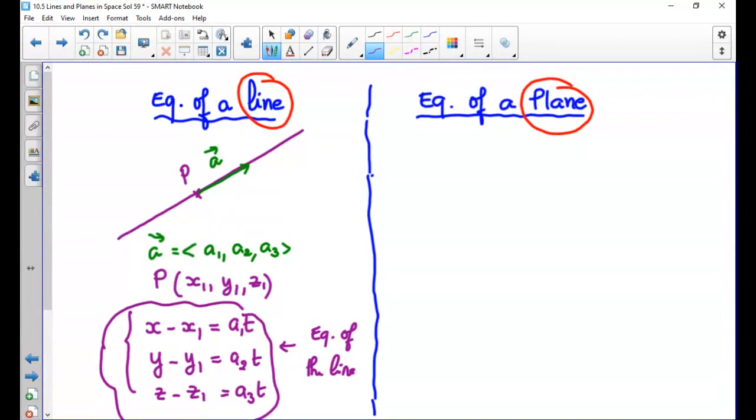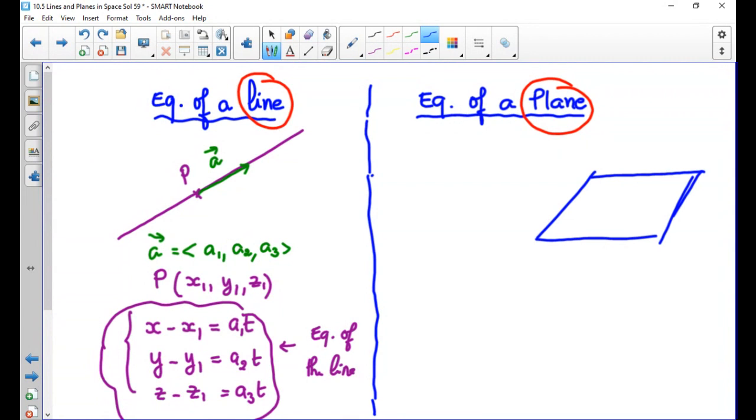Now, the other thing we did was look at the equation of a plane. Now, what do we need to write the equation of a plane? So you have a plane like this in 3 dimensions, and I want to write its equation. Again, how many things do we need? 2 things, yeah? What are they? Very good.